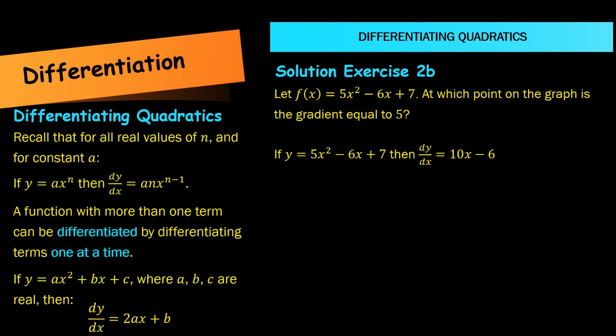Now from our question, we know that the gradient is equal to 5. So therefore, given that dy dx equals 10x minus 6, we can conclude that 10x minus 6 equals 5.